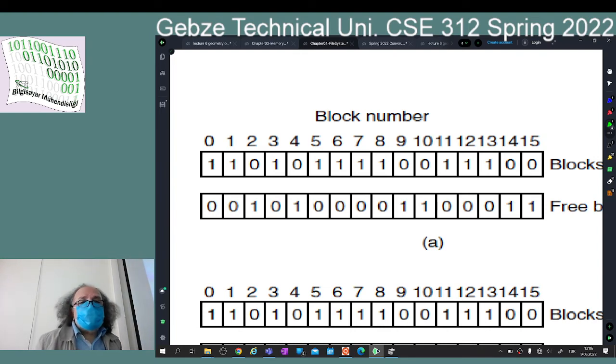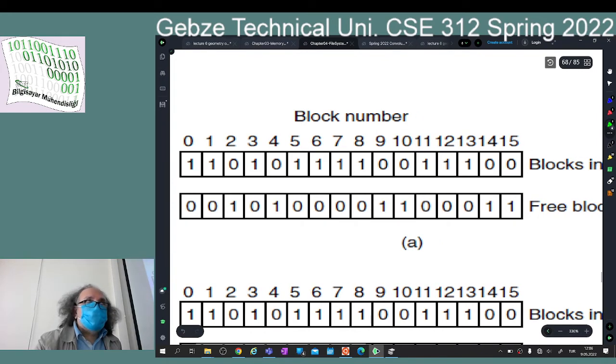the number of entries in each table is the number of blocks on your whole system. Let's say I have a total of 15 blocks on my file system, which is a very small number, but that's a simple example. I am going to keep two tables of size 16 and 16 here.